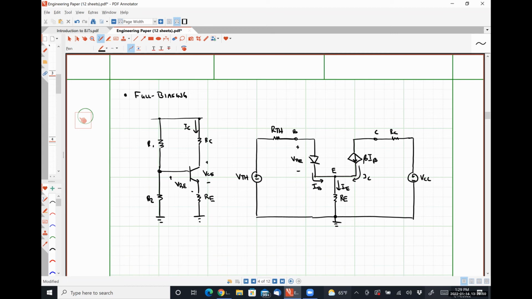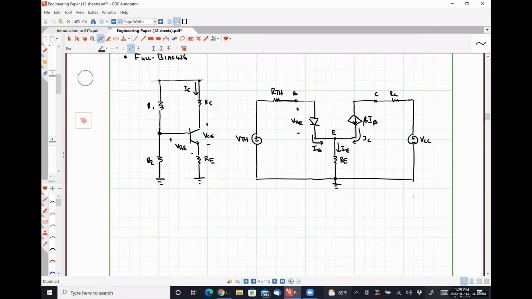So if we apply Kirchhoff's voltage law on the left-hand loop of this circuit, we should see that our Thevenin voltage VTH is RTH times IB, so that's the voltage drop over our resistor RTH.